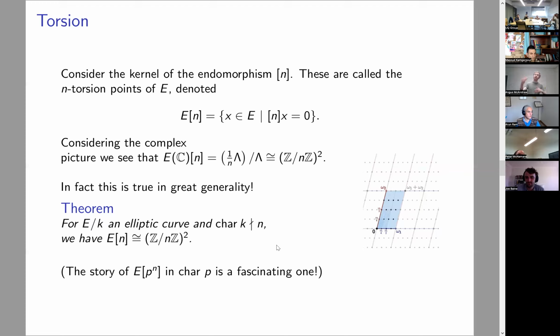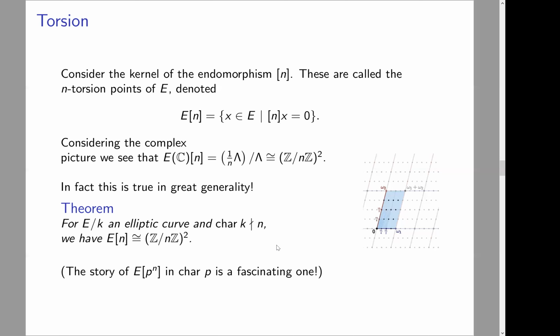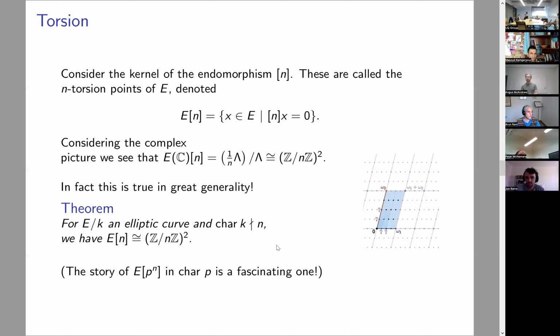And I also expect a sort of chain of subgroups for every divisor of n. So I need a finite abelian group of order n squared, such that for every divisor d, I have a finite abelian group of order d squared. And essentially, as a consequence of the fundamental theorem of finite abelian groups, that will tell you that this n torsion just has to be exactly this. As a product of cyclic things, this is the only one that has the right subgroups of the right orders.